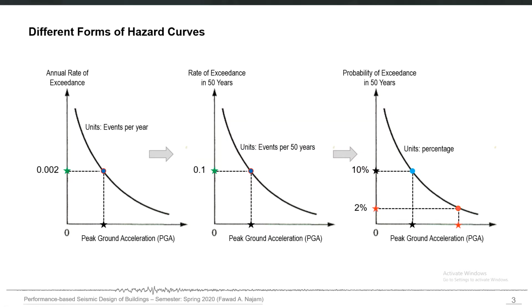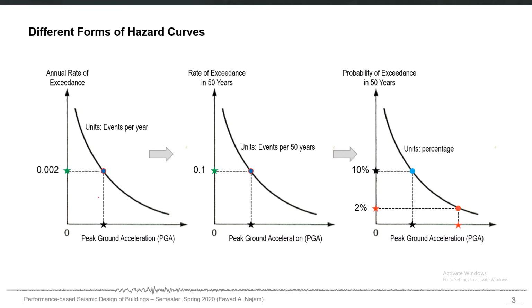In the last session we saw an example where we understood that each point on the y-axis of this hazard curve for a particular site corresponds to a different rate of exceedance, which can be converted into a definition of seismic hazard.